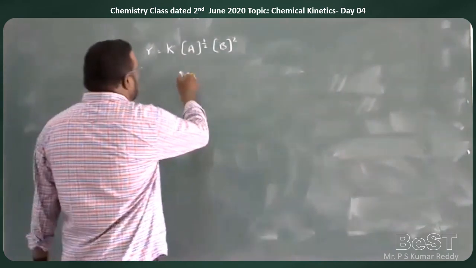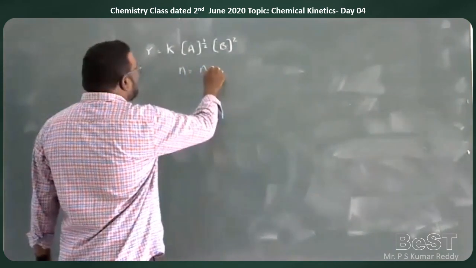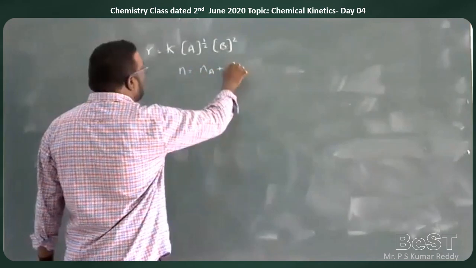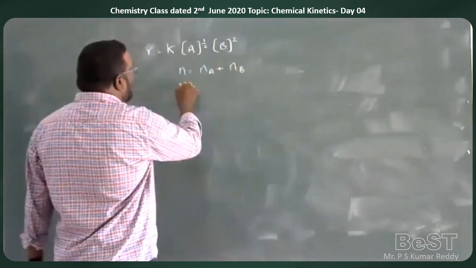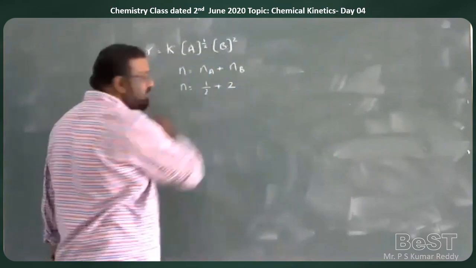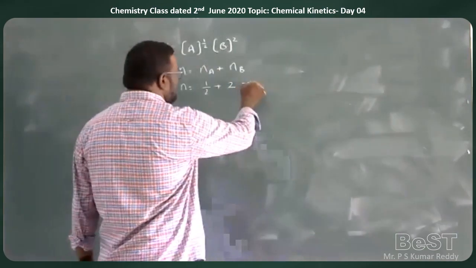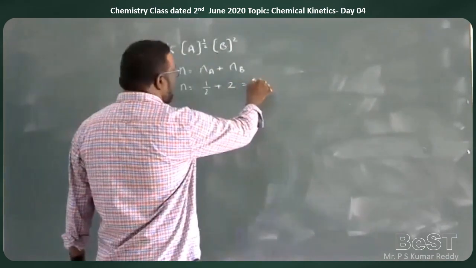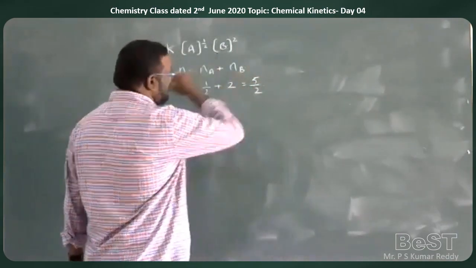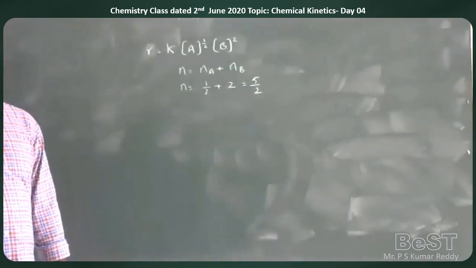Now they are asking us, what is the order of the reaction? Order is n, order of A plus order of B. Order with respect to A is half, order with respect to B is 2. So what is the order of the reaction now? 5 by 2.